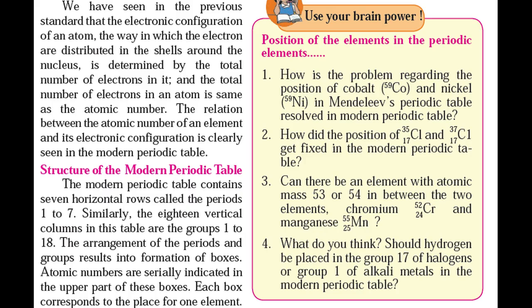So, to become stable, hydrogen loses the electron and makes one positive charge. Remember, friends, when an atom loses an electron, it achieves a positive charge. Therefore, hydrogen, instead of being kept with halogens, should be kept with the alkali metal group.